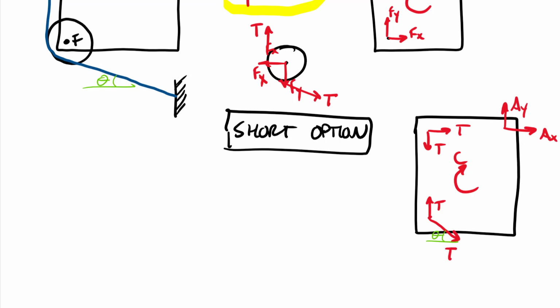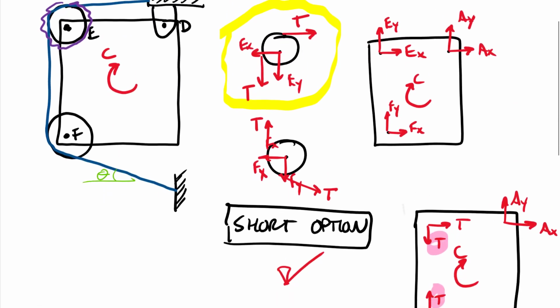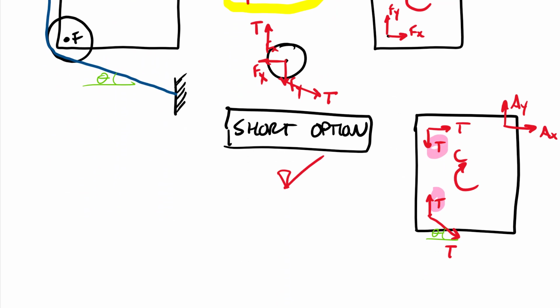So fundamentally on this problem, this T and this T would cancel, and the only tensions you're really dealing with are those that are cutting this body away from the ceiling and wall. And so I typically will choose this option right here, and I'm totally fine if you basically understand the justification for that rule, and then you can apply that. So really what it did is it took a frame and machine problem with multiple bodies, and in this case reduced it to one single rigid body.